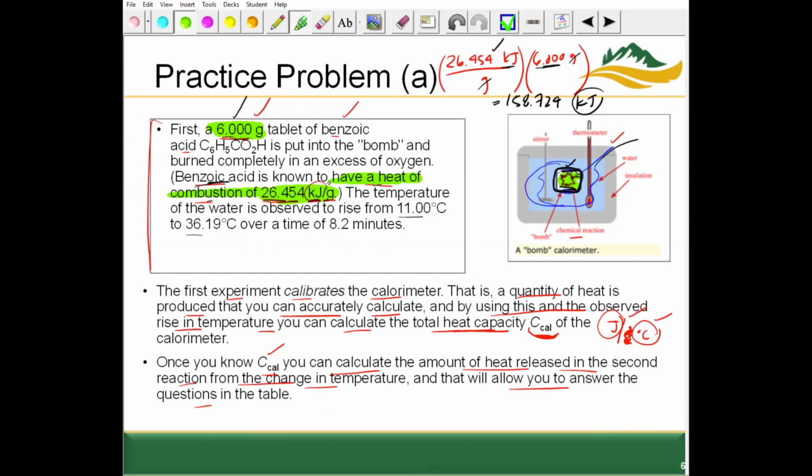That means that theoretically, when all 6.000 grams of benzoic acid are combusted, it's this many kilojoules per gram. And we could find the C-cal of the calorimeter because we know precisely this temperature change of the surrounding water.